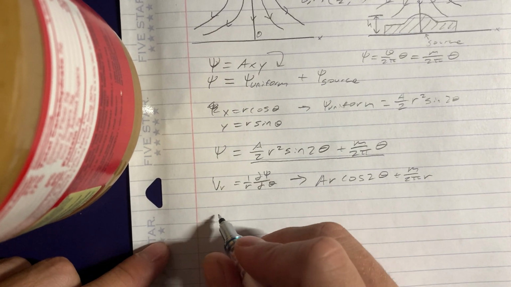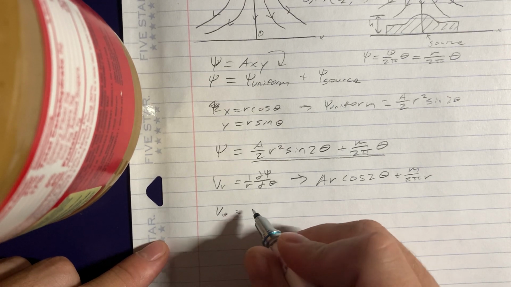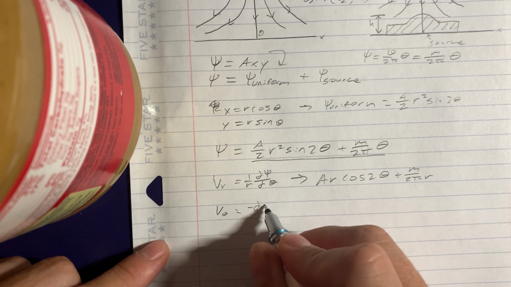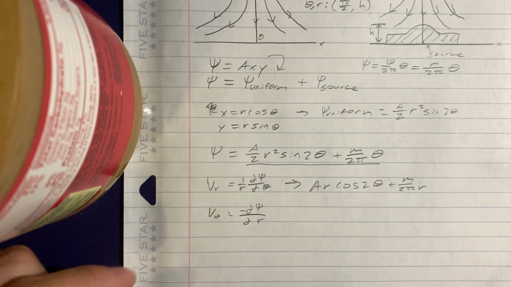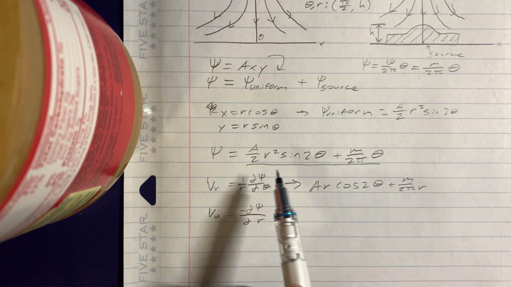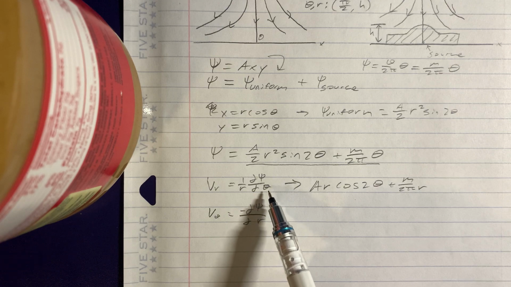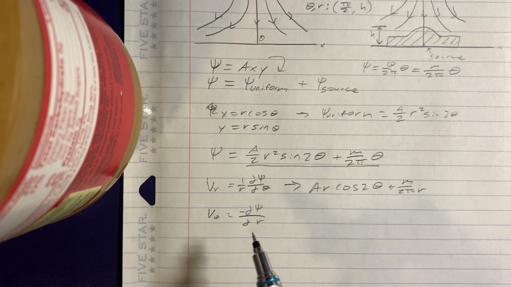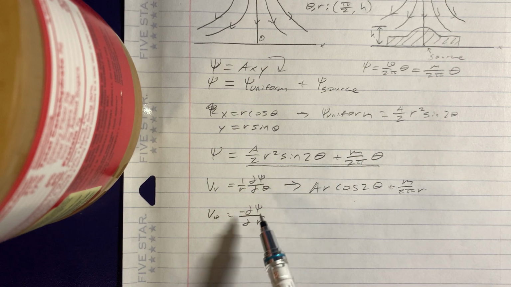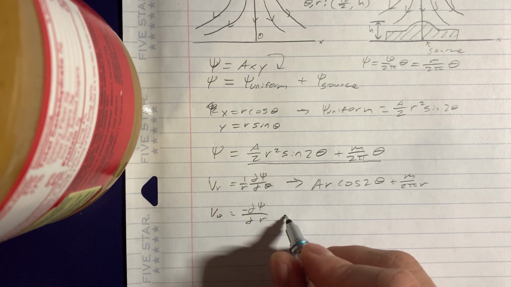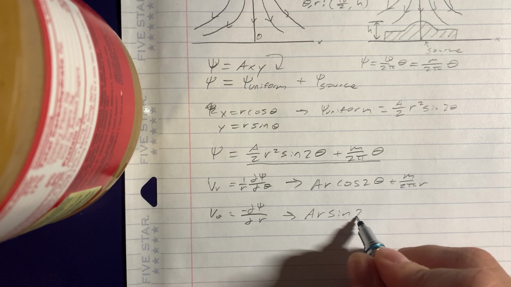Now for the tangential component, v theta, that can be depicted as negative d psi over dr. So up here we're taking the derivative of our stream function with respect to theta and multiplying it by 1 over r, and for tangential, we're taking the negative derivative of our stream function with respect to r, which yields A r sine of 2 theta.